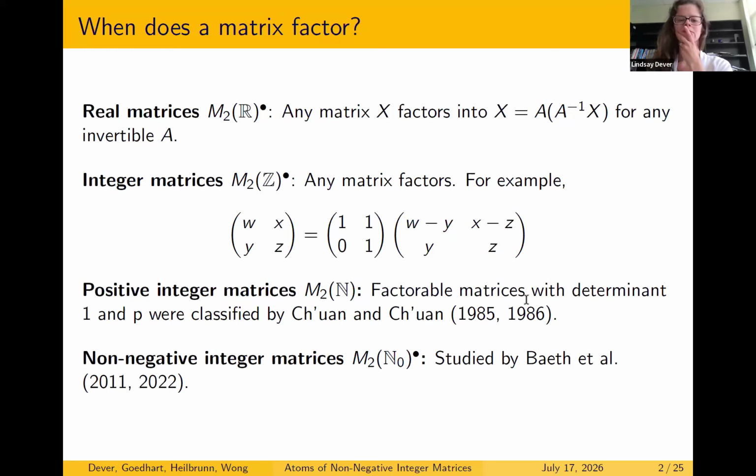If you just consider matrices with integer entries of any size, then as far as I understand, atoms are the matrices with determinant plus or minus prime.